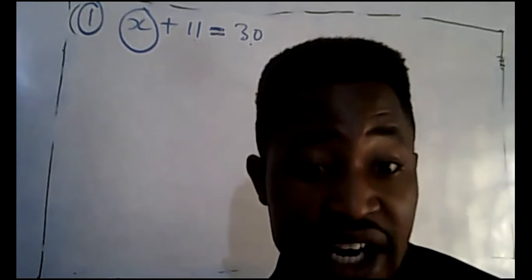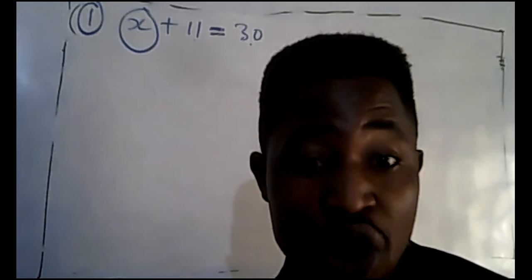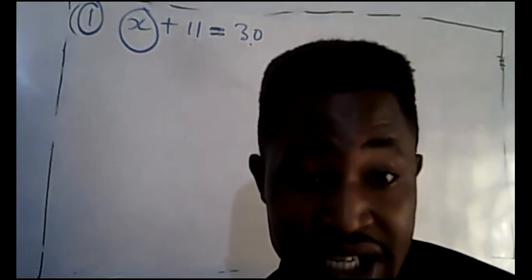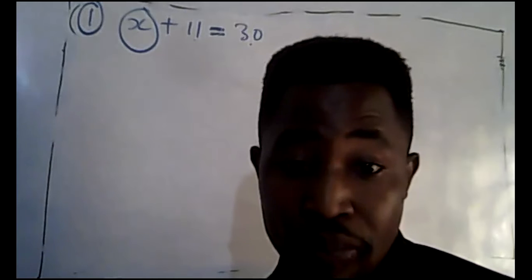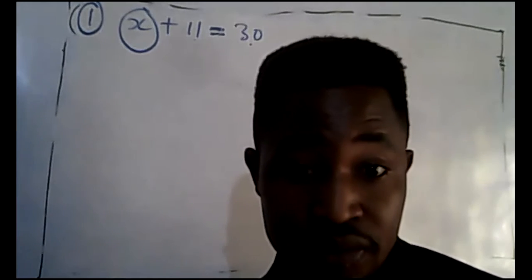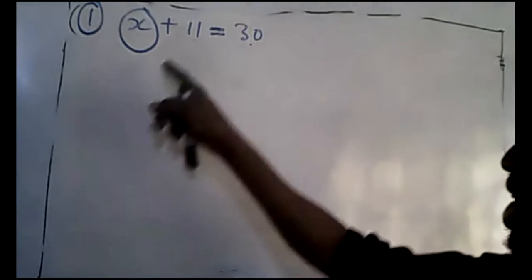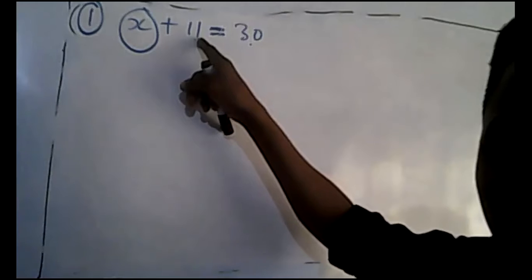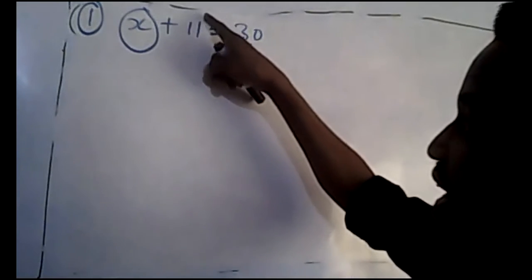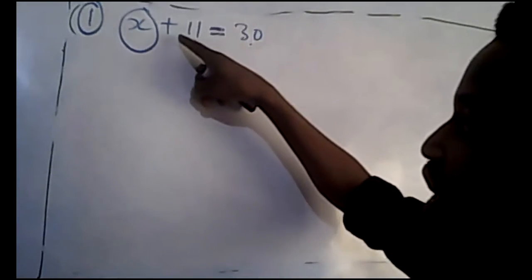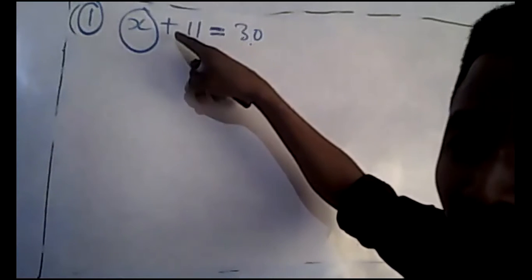Yes, you're going to go with luggage, your bag that contains your clothes, items that you need, your toiletries, soap, cream, comb, okay? Likewise, the baggage that 11 needs to go with is the sign in front of it, plus. So 11 doesn't have to go alone. It must go with the plus.